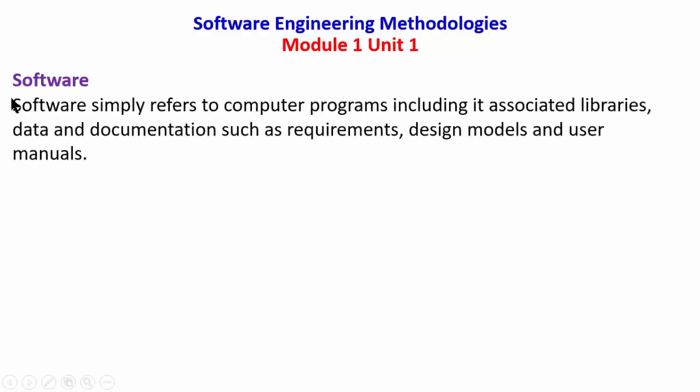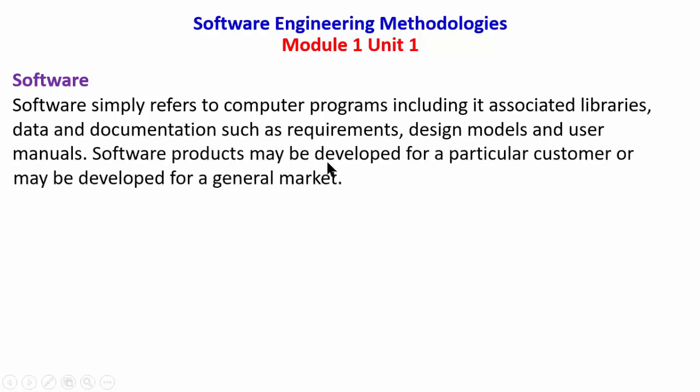Software. Software simply refers to computer programs, including its associated libraries, data, and documentation such as requirements, design, models, and user manuals. Software products may be developed for a particular customer or may be developed for a general market.